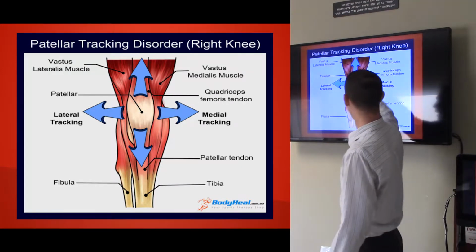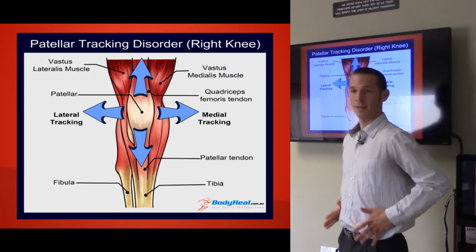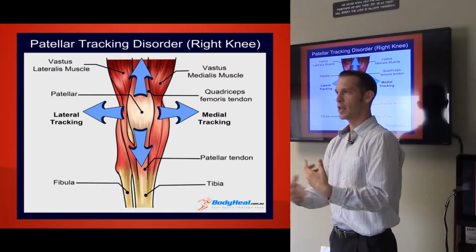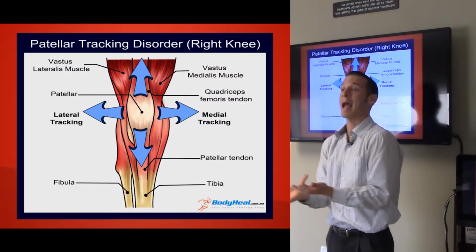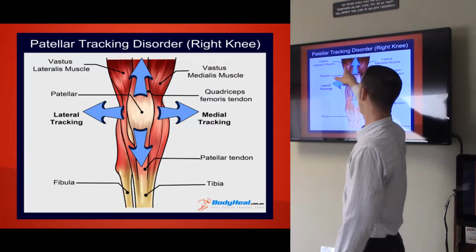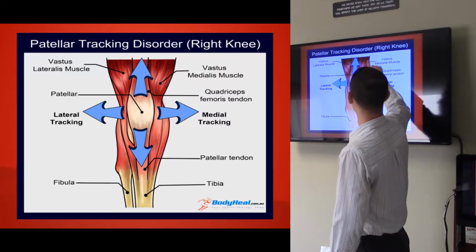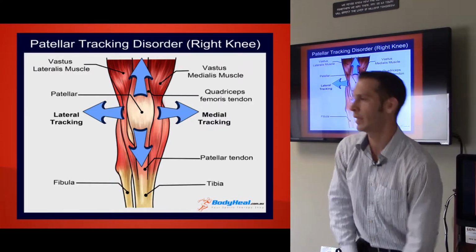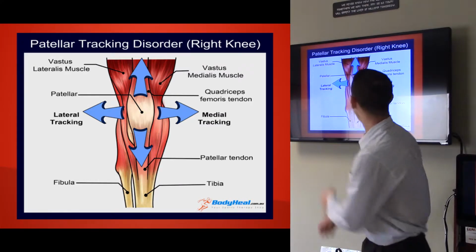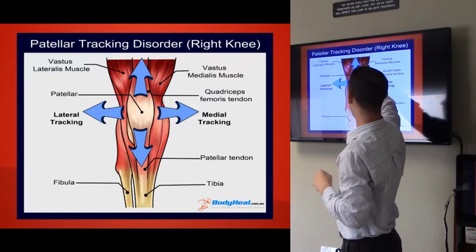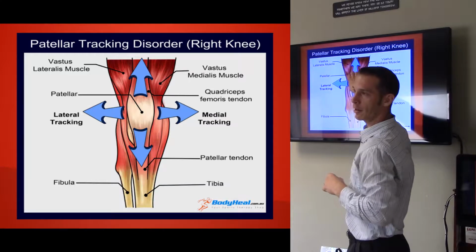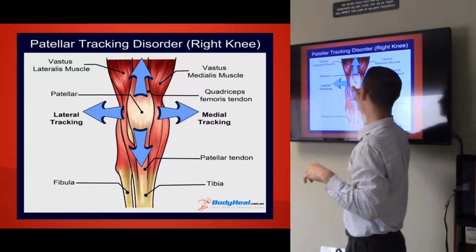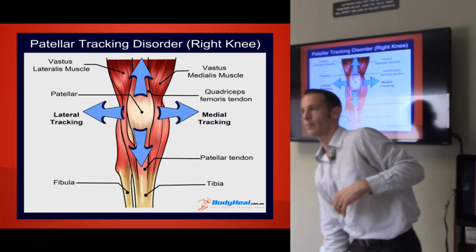If you have improper balance of your hips, or improper nerve supply, or you're physically inactive, and this muscle here, the vastus medialis, or what are called your adductor muscles, the insides of your leg, are not functioning properly, this patella is going to start to track medially. It'll start going inward.